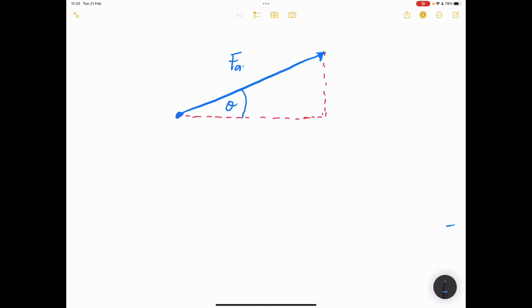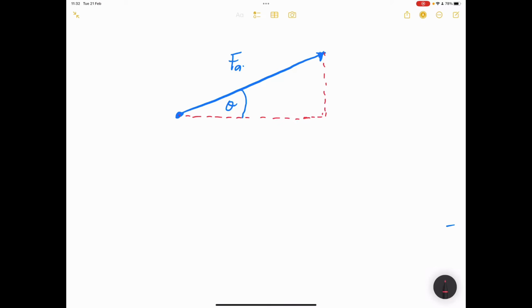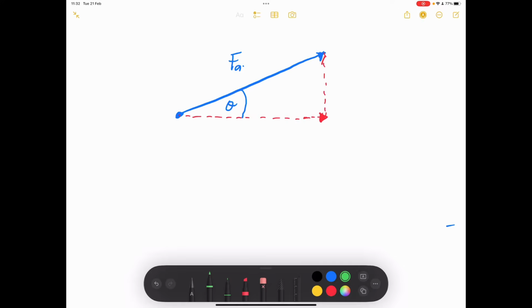So we find that we've got the horizontal component. Now note, it means I can replace this one force, the one in blue, with both. In fact, let me take a different color for the vertical component.